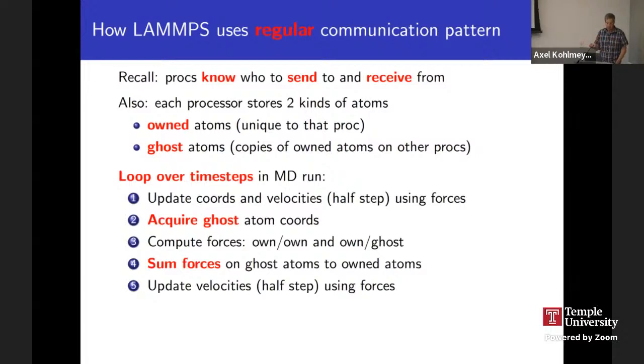So there's now another communication step that's needed to sum those forces that are existing on the ghost atoms back to the processors that own those atoms so they can get the total force on each atom. And then at the end, the new total force allows the second half of the time step, updating those velocities. And we're ready to continue for another step.